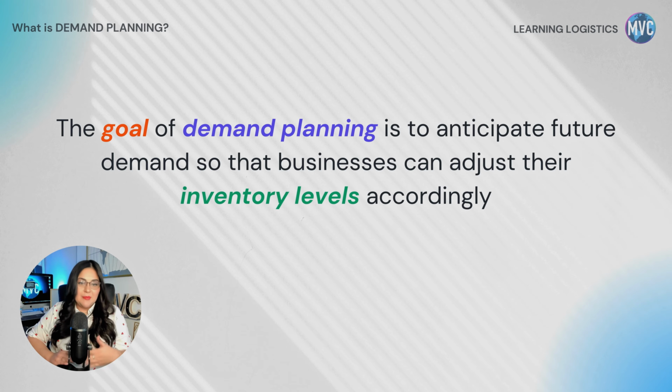So ultimately, just keep in mind that the goal of demand planning is really to anticipate future demand. Some of the software systems that I mentioned earlier help us do that by inputting data, sales numbers, anything that we can find as far as quantitative data, so we can get a result as to what we might think the levels of inventory might be in the future based on previous data, sales, and historical information.